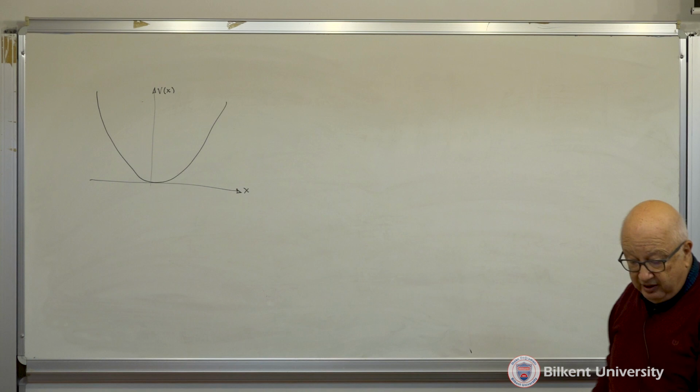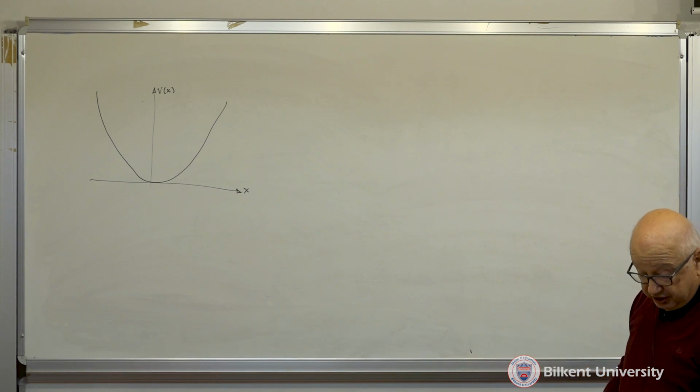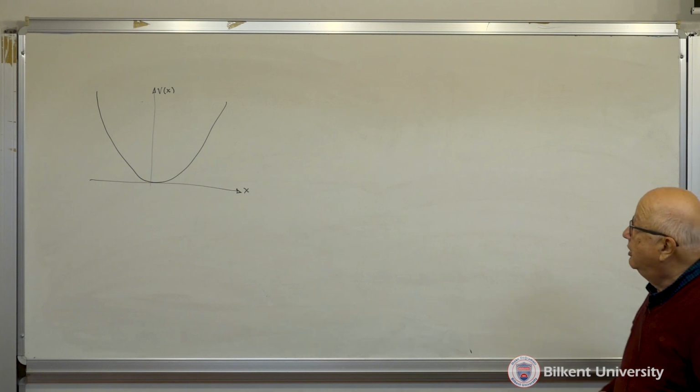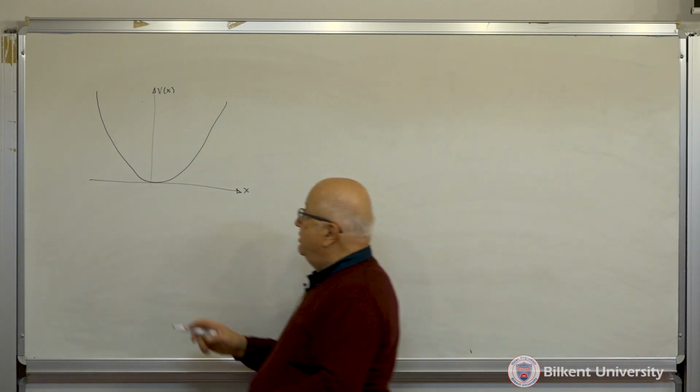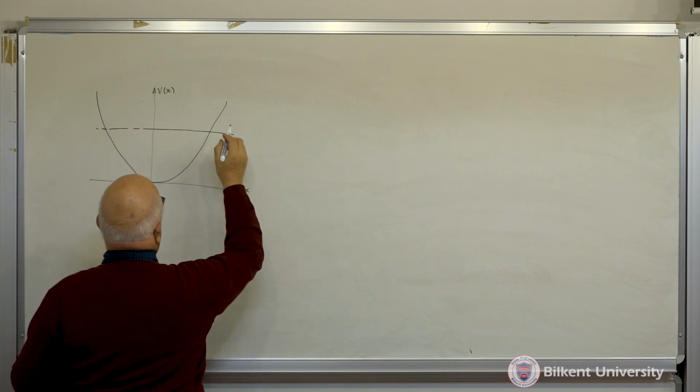Now we are finding these energy levels which must all be greater than the potential energy. Okay, so we have these various energy levels. I have found one of them.